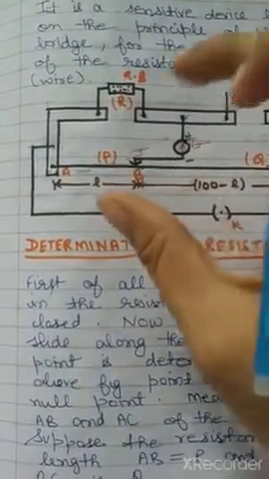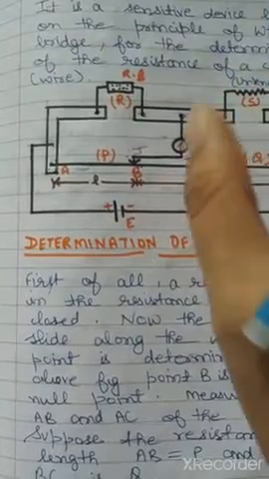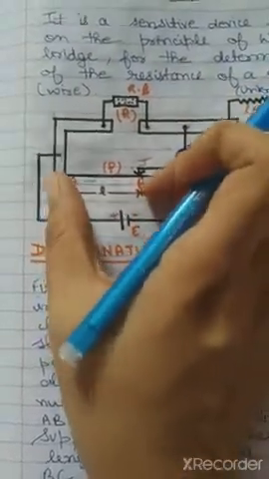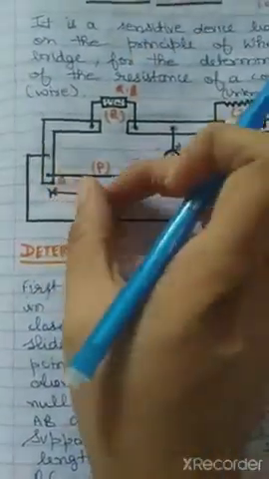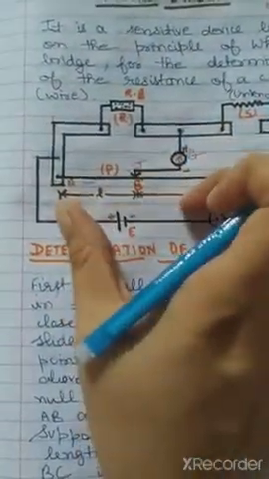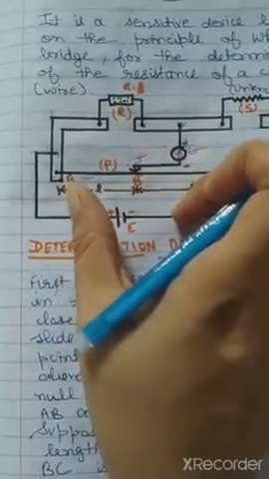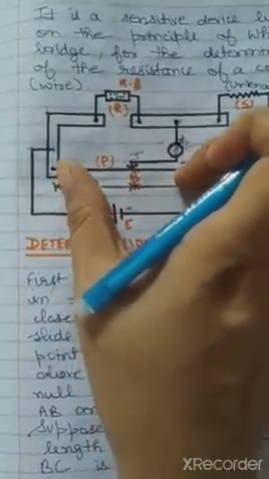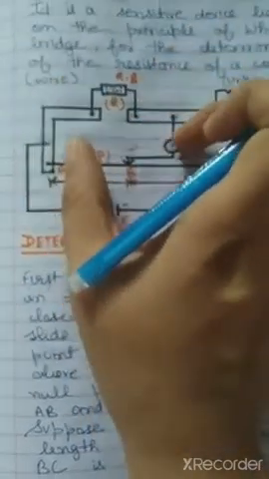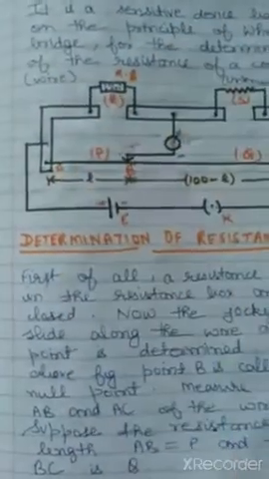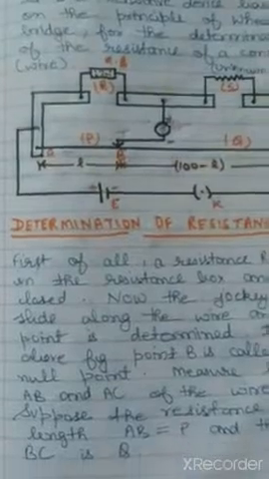So we get the null deflection when the V across this and the V across this become equal. When you increase the length, you are increasing the resistance, and where V is equal to IR, the potentials become equal. That is the point where you get the null point.